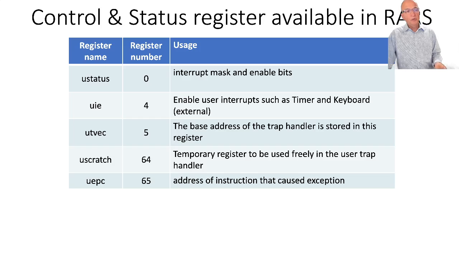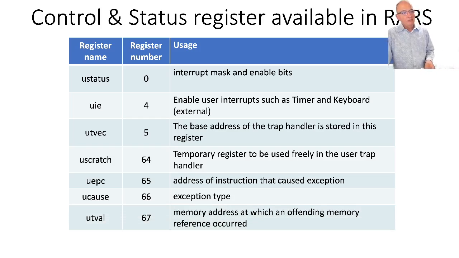And then we have the UEPC, that is the program counter of the instruction that caused the exception. So it's the address where the instruction that caused the exception was when it caused the exception. And then we have the UCAUSE that will tell us what the exception type was, so what caused the exception. And finally, we have the UTVAL, that is the memory address at which an offending memory reference occurs.